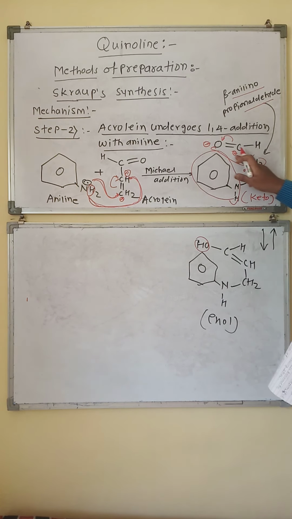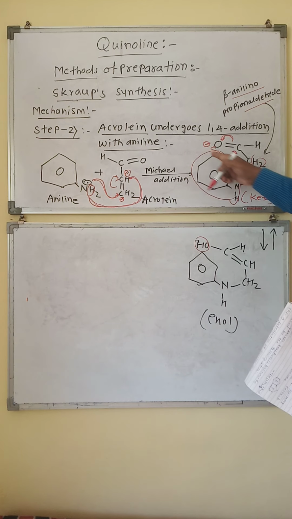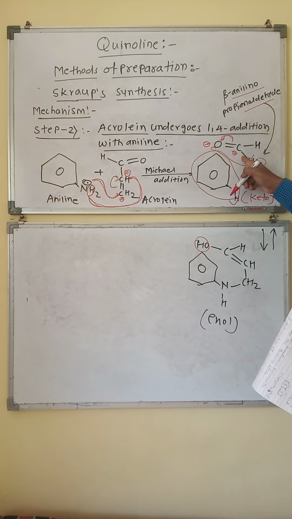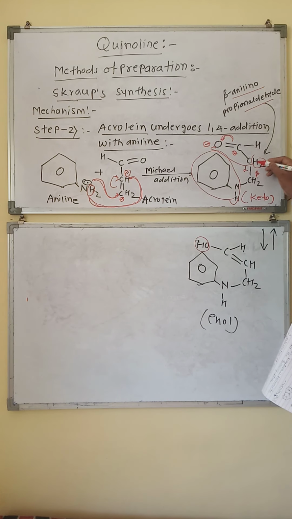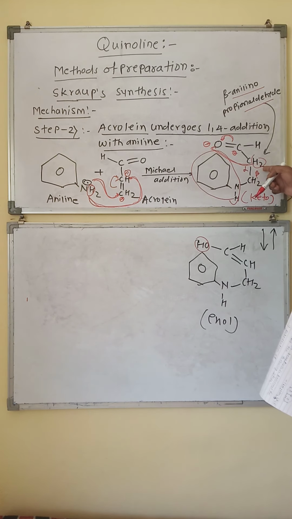First of all, the carbon-oxygen double bond breaks, and the lone pair of electrons shifts onto the more electronegative oxygen. This oxygen acquires the negative charge, and this carbonyl carbon acquires the positive charge because of electron deficiency. After that, the alpha carbon contains the alpha hydrogen. One alpha hydrogen will be added toward the electron rich oxygen atom, so O becomes OH, and this CH2 becomes CH.